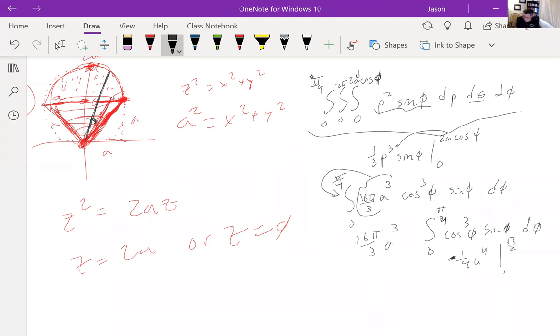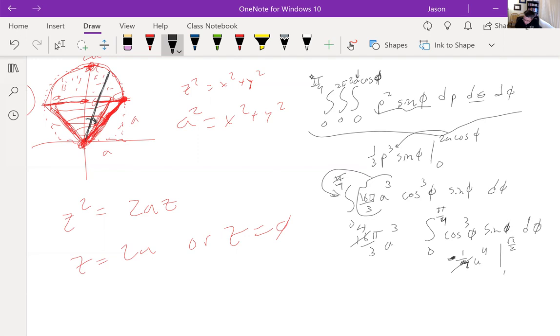So you can just plug those in. It cleans up pretty nicely because of that 4th power there. This negative 1/4 will cancel with this 16. That will make this 4, and I'll make that 1, right?